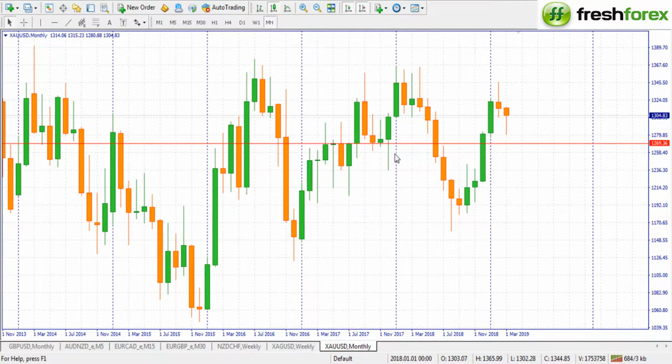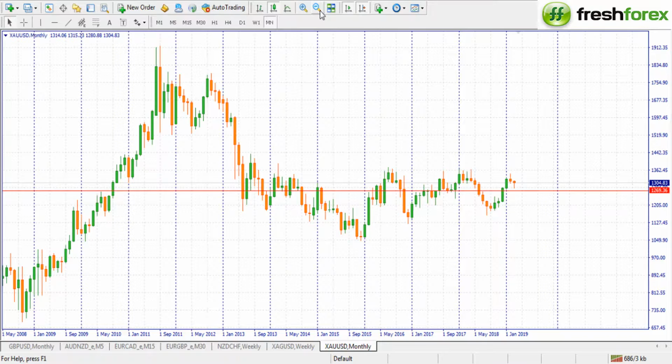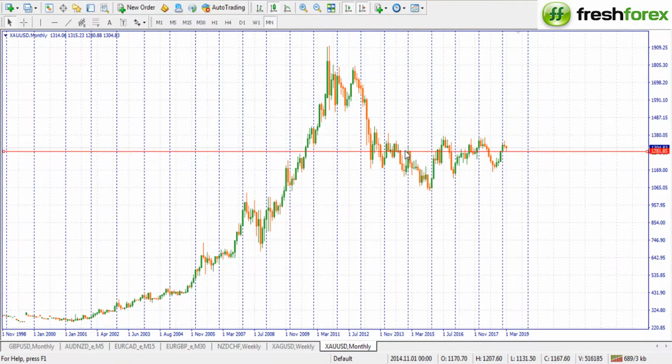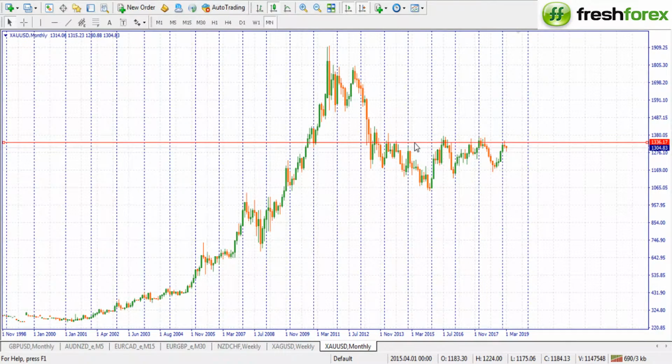So the most important thing is to reduce your chart, zoom out, ensure you zoom out like that. Then you'll be able to see what happened since 1998. Then you're able to get key levels that have been holding, like for a decade the same level has been holding.